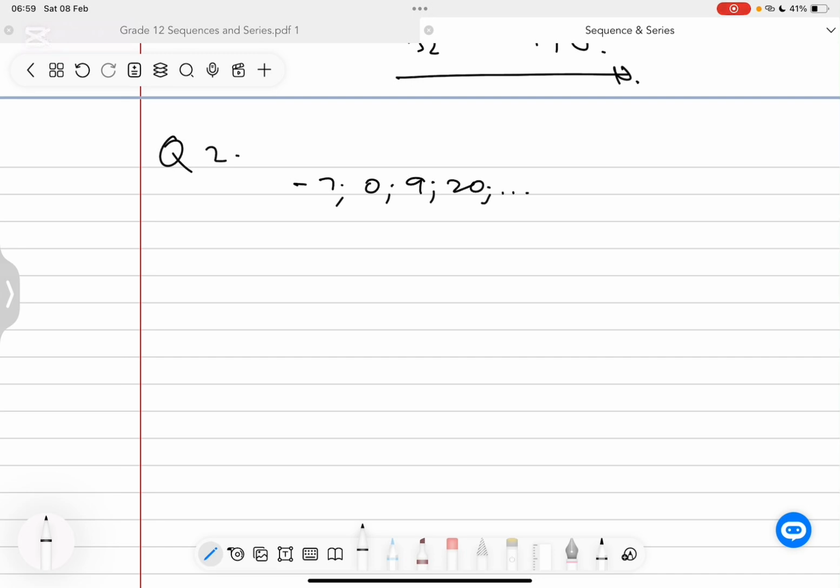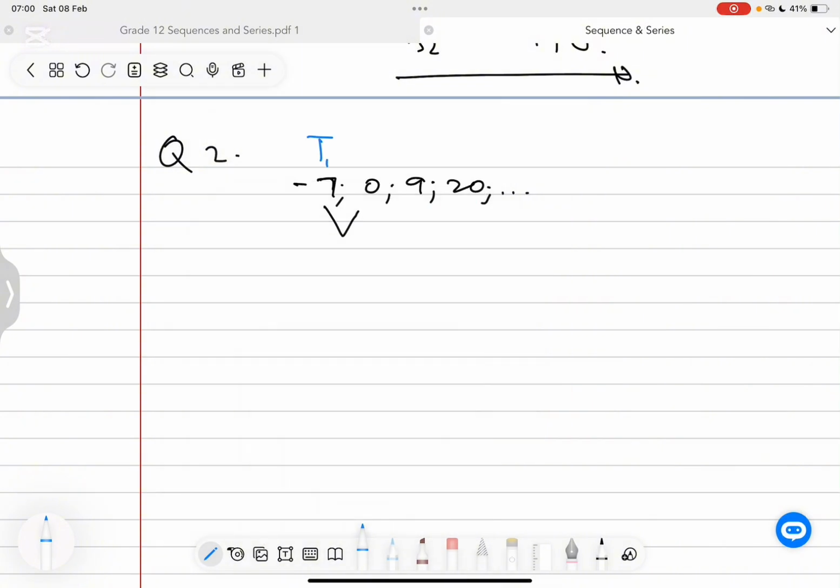A very interesting sequence actually when you look at it, because you can't see an obvious pattern here. I don't know if you are able to see an obvious pattern. But as usual, because at this stage we know two types of sequences, arithmetic and geometric, we are going to test the difference between the successive terms.